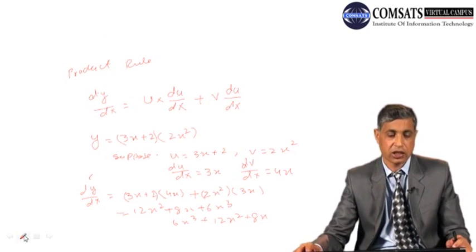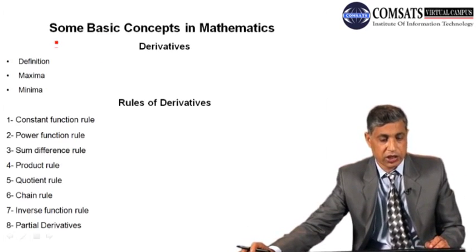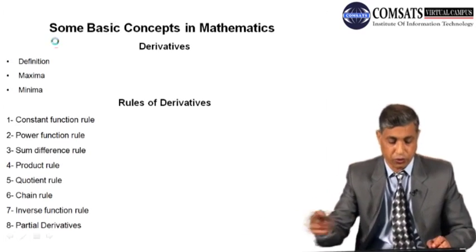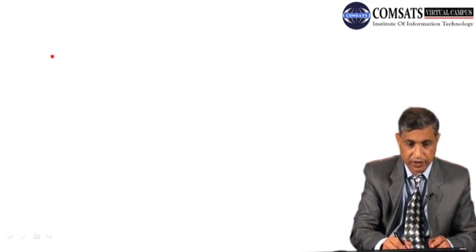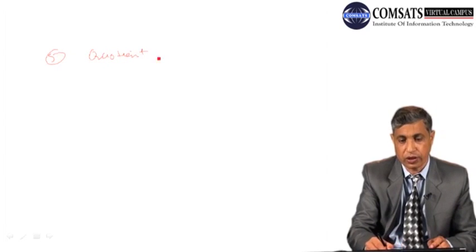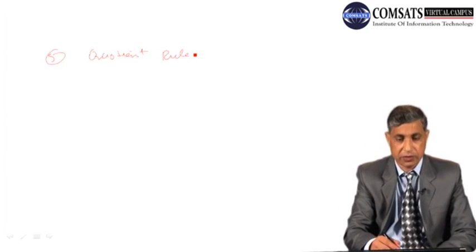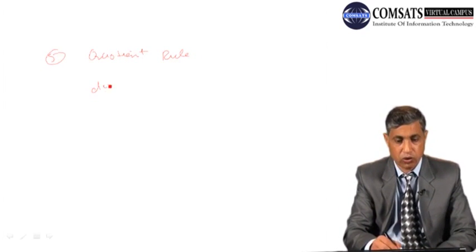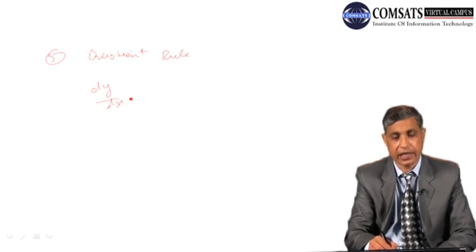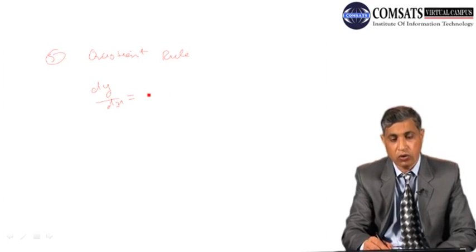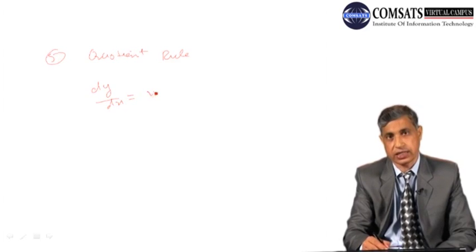The next is the quotient rule. Rule number 5 is the quotient rule. Again supposing u and v, this becomes dy over dx, and it is equal to, now v comes first.